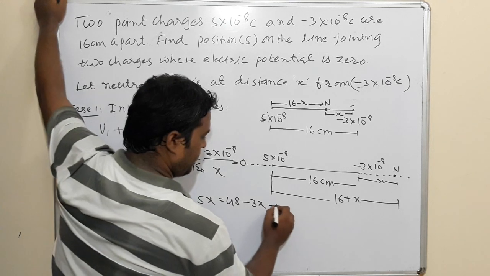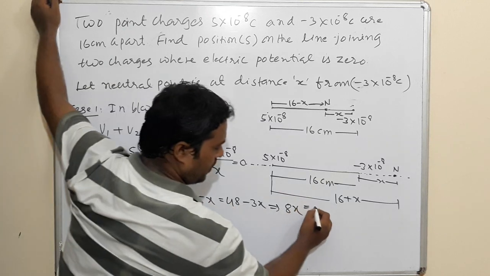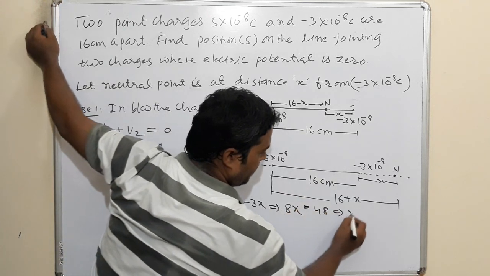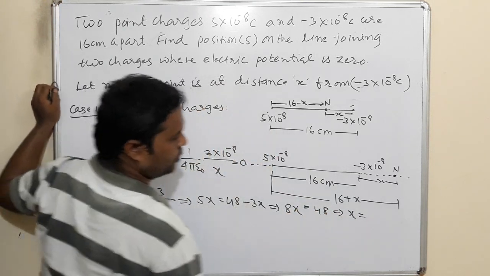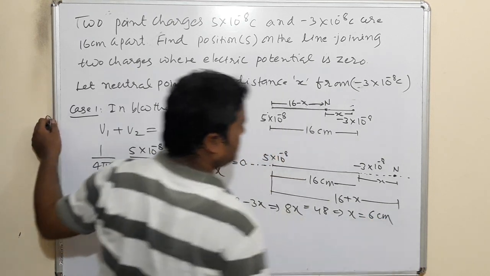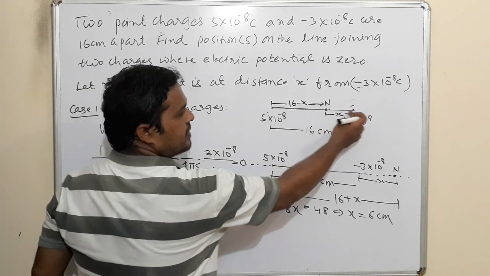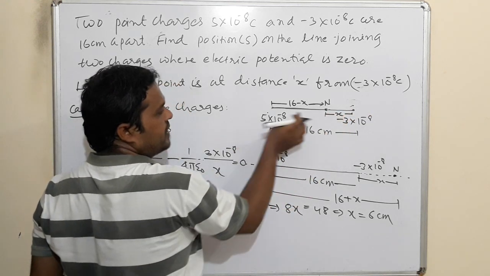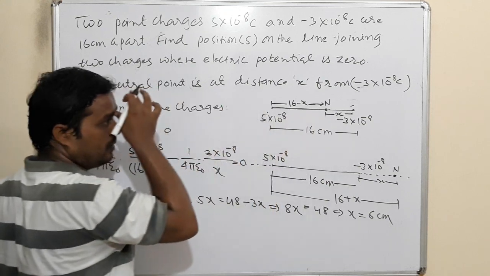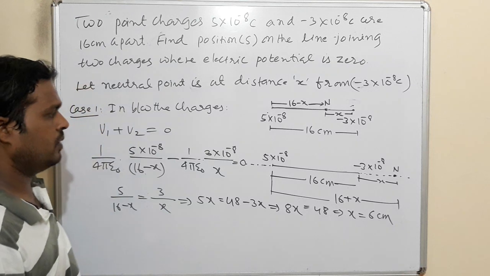It will be 8x is equal to 48, which implies that x is equal to 48 by 8, which is 6 centimeter. From this charge it is at 6 centimeter and from the other charge it is 10 centimeter. To which charge is it close? To the charge of smaller magnitude.